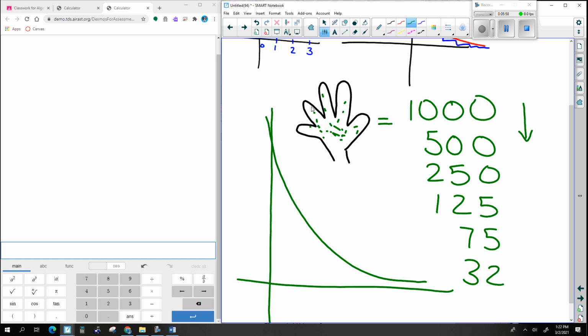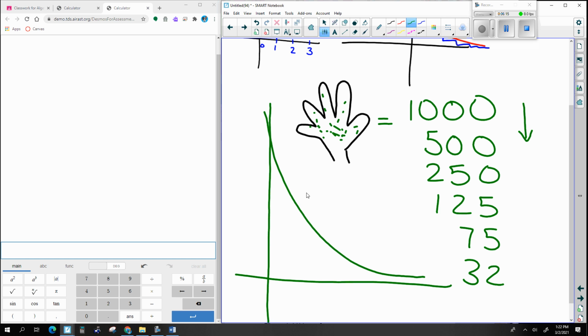There's still going to be some there. You'll be able to kill a bunch of bacteria, but that descent will slow down. That's exponential decrease, where at first it's really fast, but then it slows down.